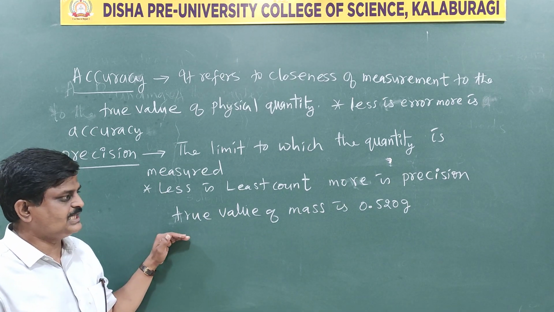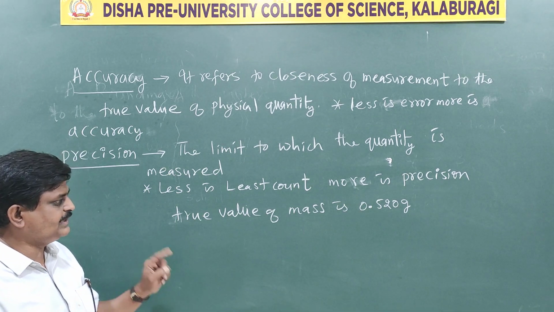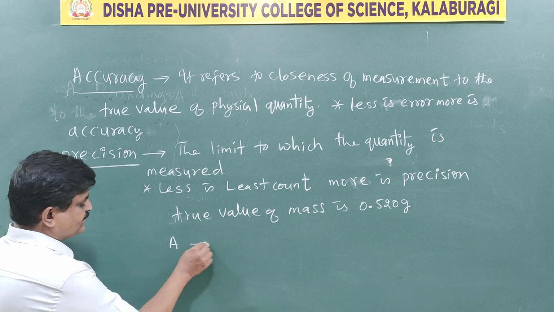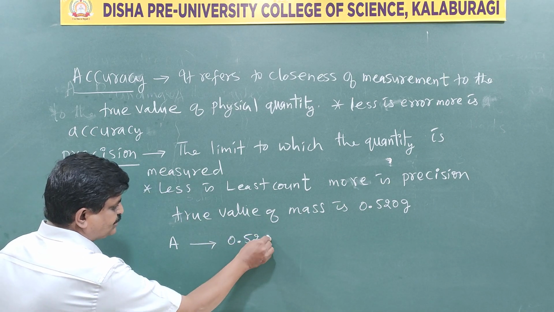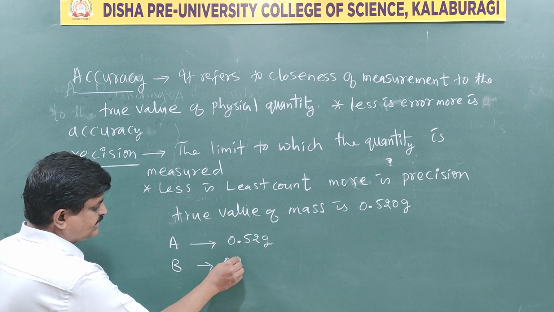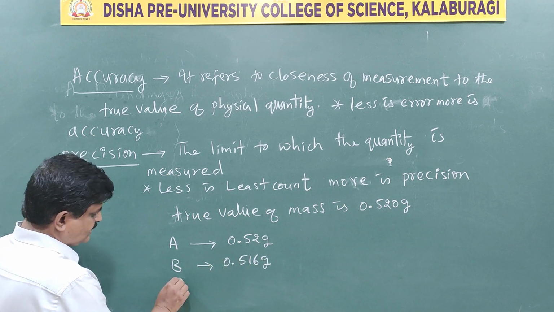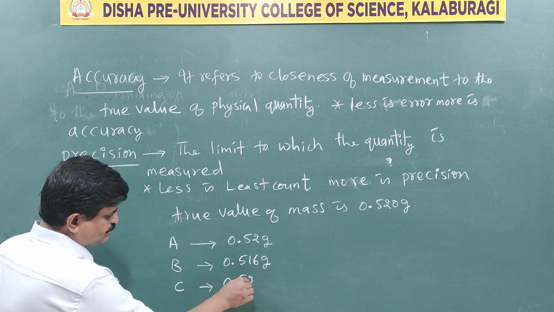And the students are asked to conduct experiments so that they can compare their value with this true value. So when student A reports the value 0.52 gram, student B reports the value 0.516 gram. Then student C reports 0.521 gram.